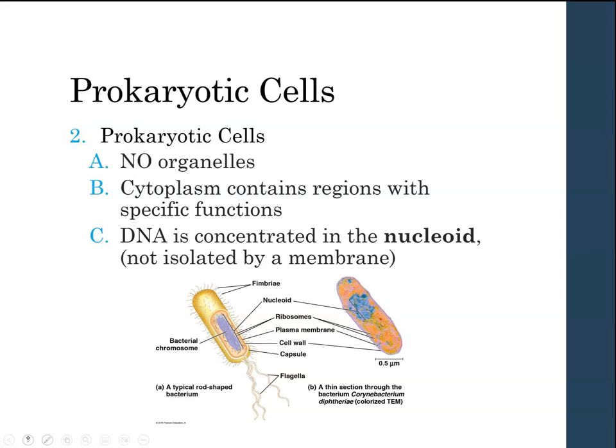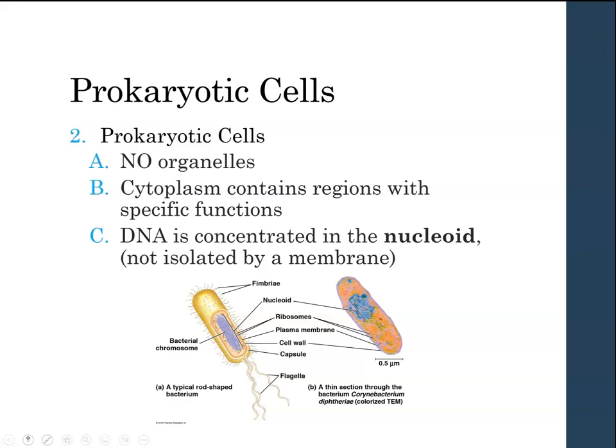So the cytoplasm contains regions where those specific functions take place. So you might have an organelle in a eukaryotic cell whose sole purpose is energy conversion. Well, energy conversion still happens in a prokaryotic cell. It just isn't bound in a particular region, or isolated, I should say. But cells are still performing those same activities.